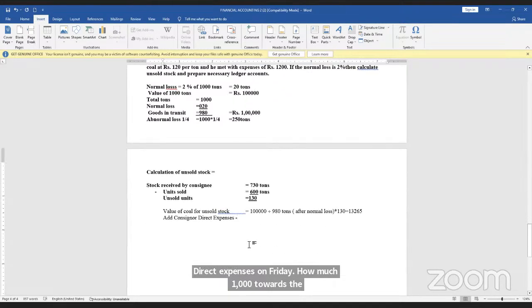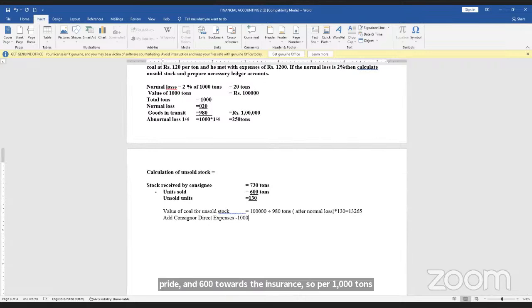So for 1,000 tons, 1,000 rupees means per ton 1 rupee into 130 units. For 130 units, you are supposed to take 130 rupees.